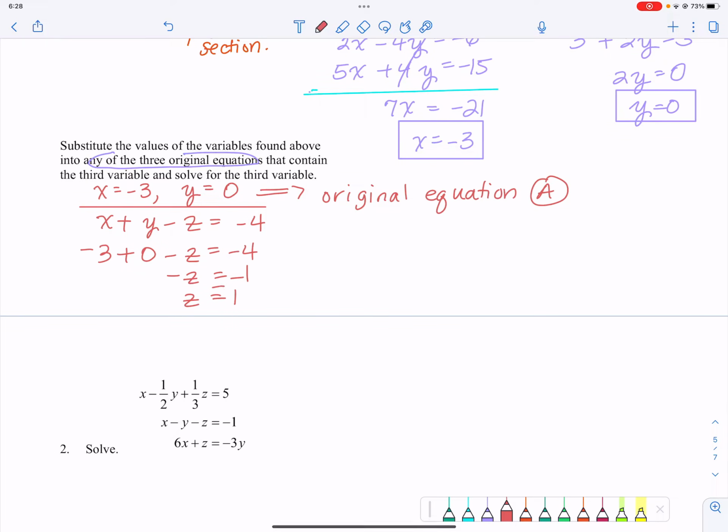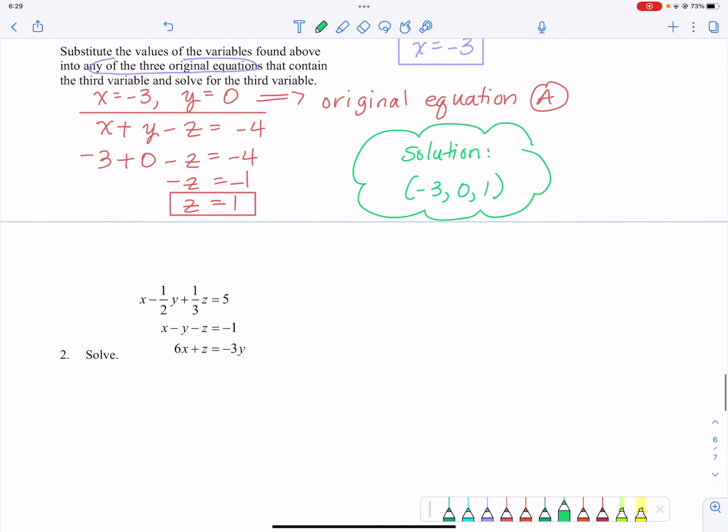We have our ordered triple that is the solution. So our solution is x, y, and z.